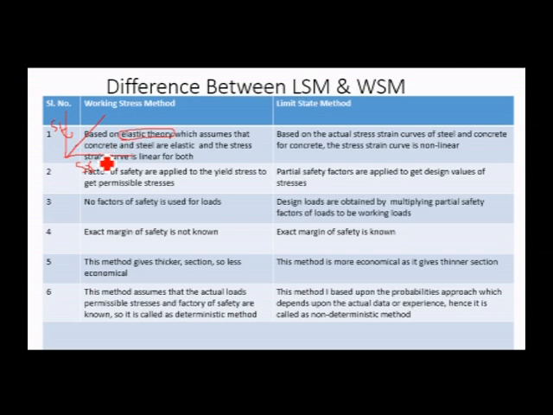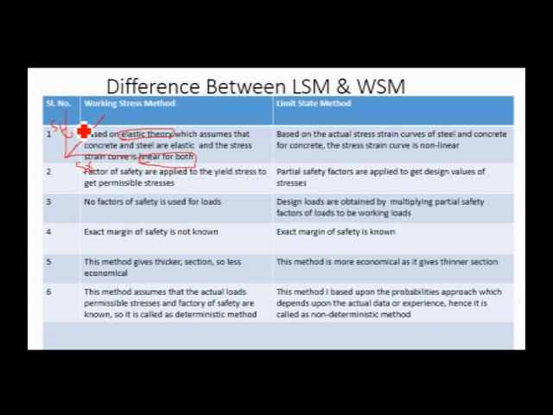Concrete is good in compression and weak in tension, whereas steel is good in both compression as well as tension. So linear or elastic theory, where the stress strain curve is linear, will not hold good.